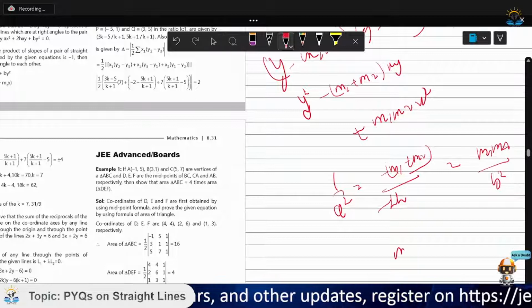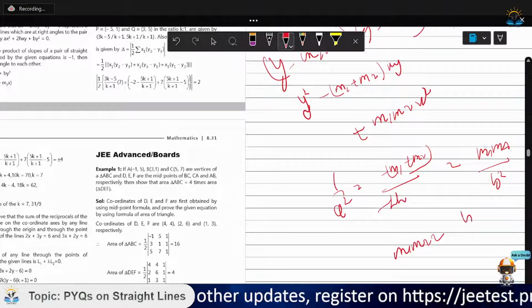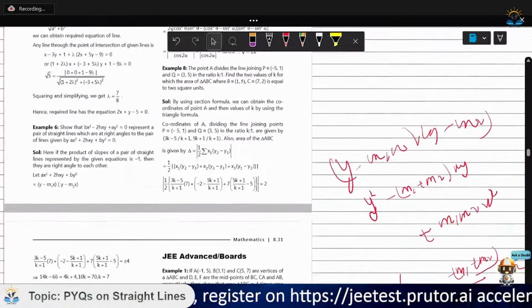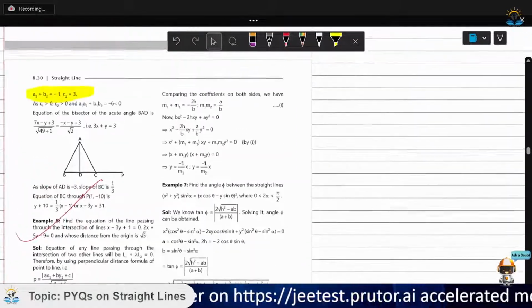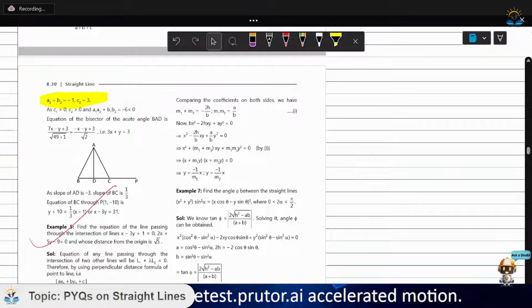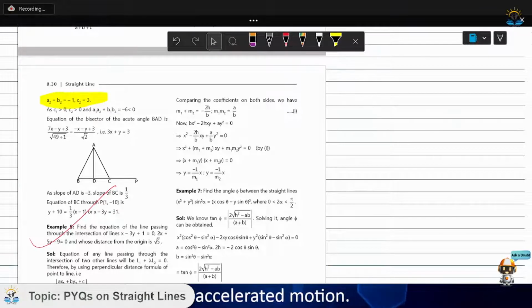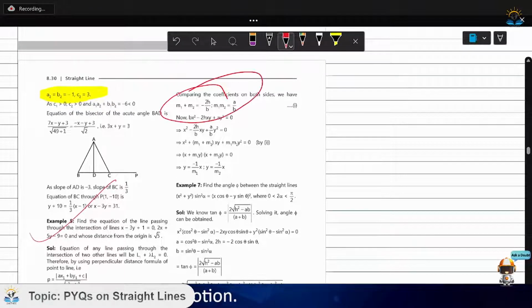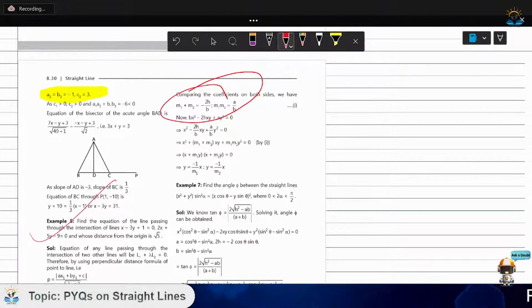Okay, so what my m1 m2 is, is b square by a square. Just going to the solution, let's read it through. We did it here. And now taking the new equation, what do I get is this. If we try to convert this into a different form, this is what I'm getting.